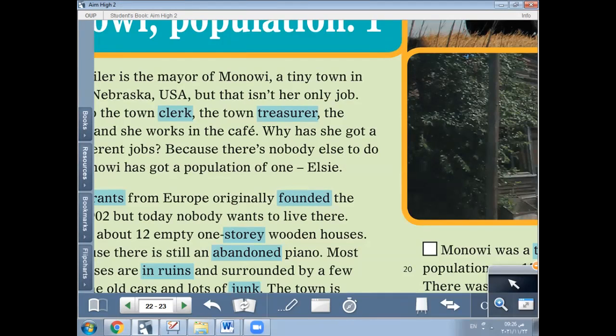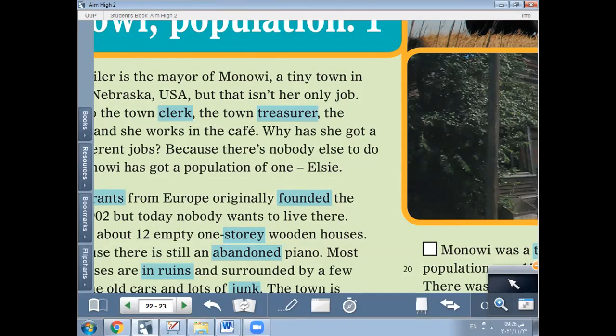We said we will do a quick revision from 1 to 5 of the vocabulary, the highlighted words. Listen to me and raise your hand. Which word means a person who works with documents in an office, bank, etc.? Again, which word means someone who works with documents in an office, bank, etc.? Yes, Hamad?